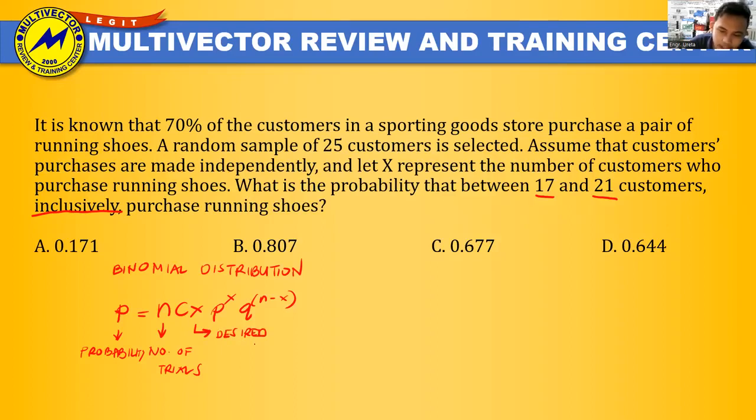Pag sinabi natin exactly 17, 17 yung desired population natin. Our p is actually my desired probability, or probability of success. And our q naman is actually our complement, o probability ng failure.